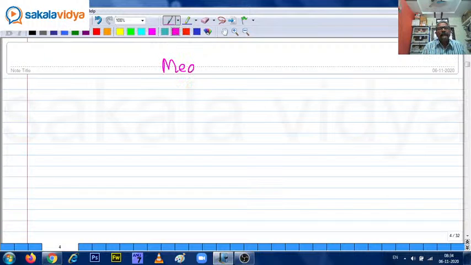Next concept is median. So what is the median?